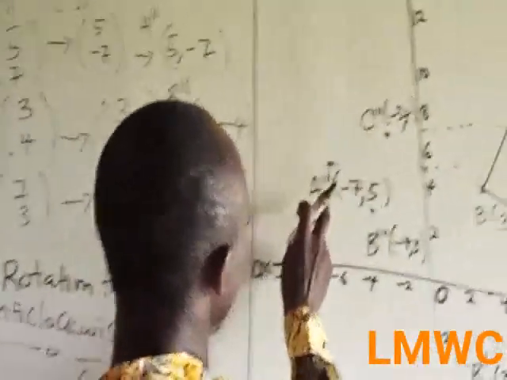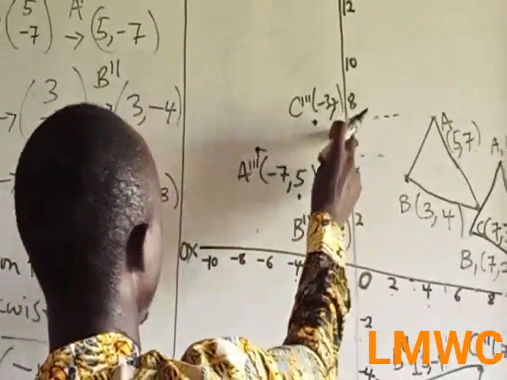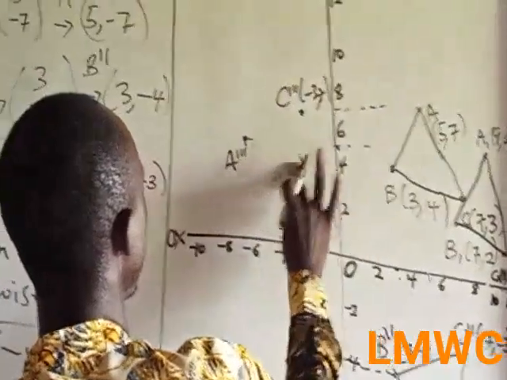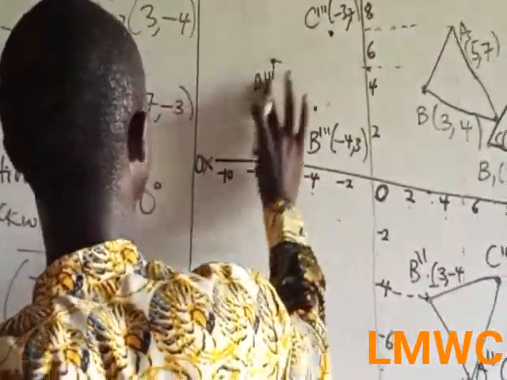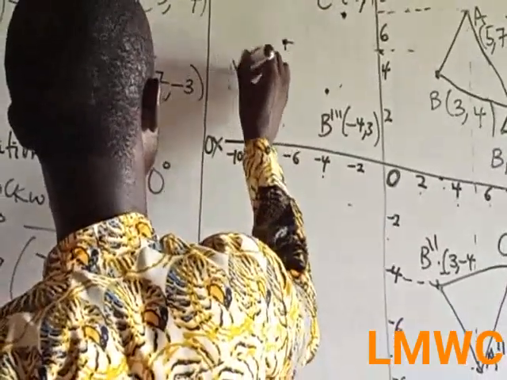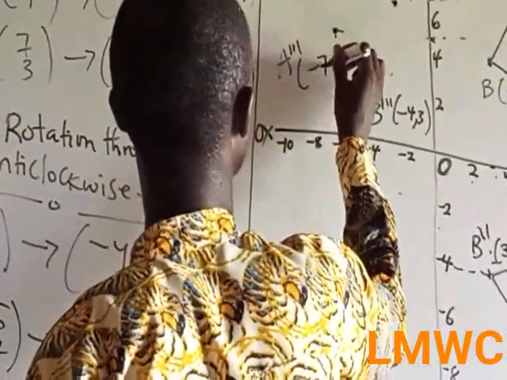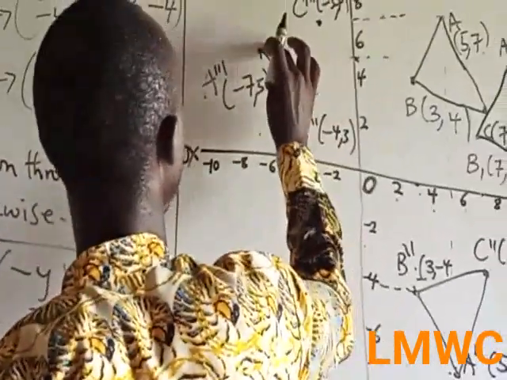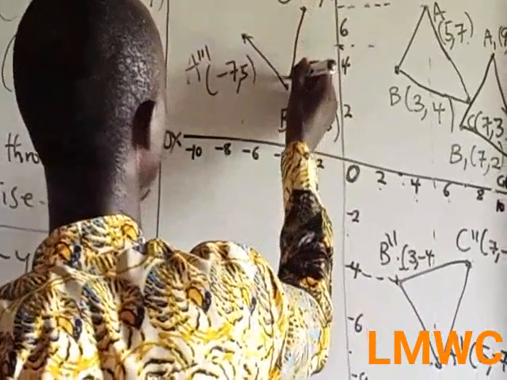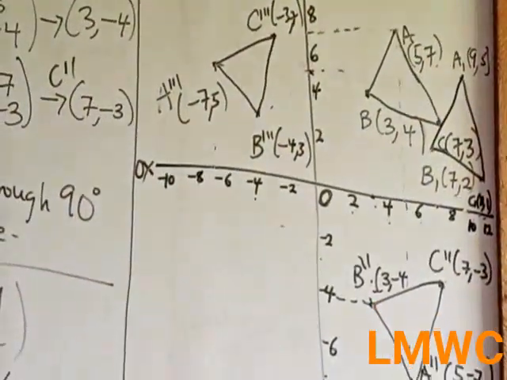So this is A3, B3, and C3. So let me open this one here. So A3, we have negative 7, 5. Now let's draw our straight lines. We join it. So I now have my graph.